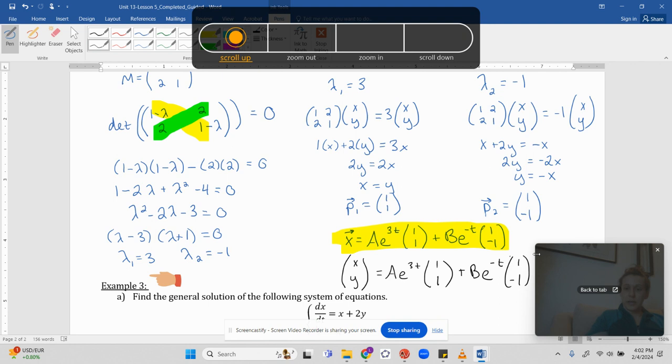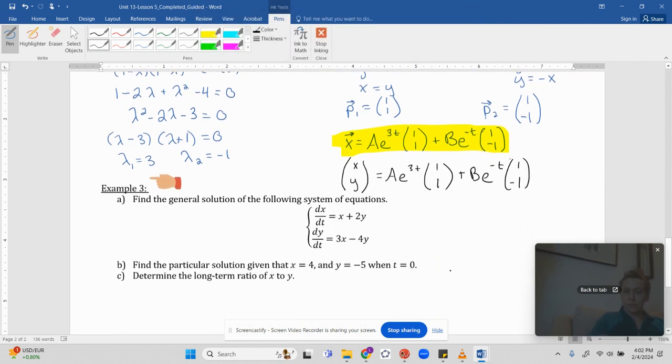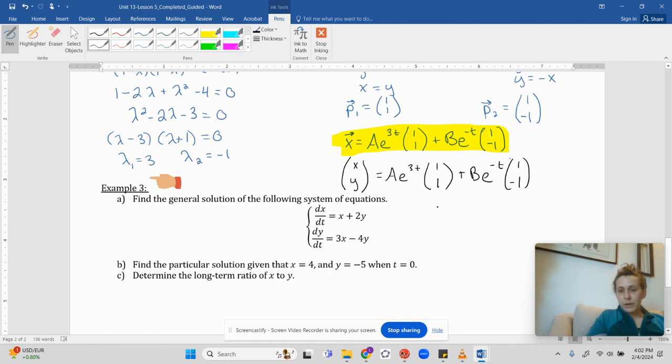If you wanted just x, and we'll see this in the next problem where this becomes important, x is equal to, I would just multiply through the top here. So I would have a e to the 3t plus b e to the negative t times positive 1, because that's the top component.